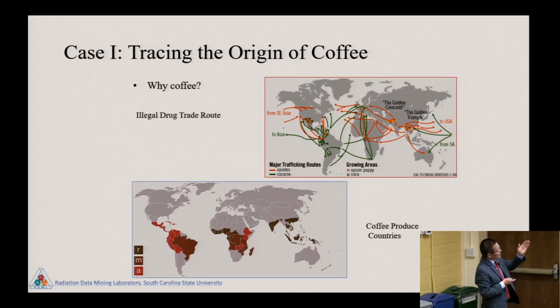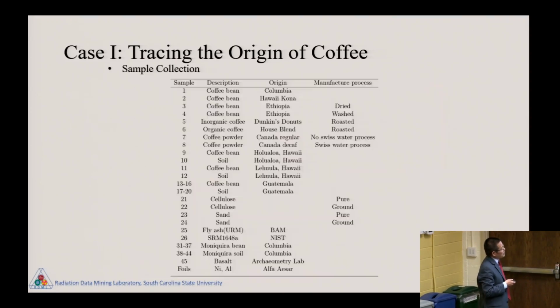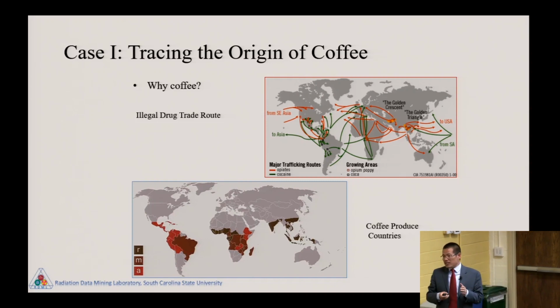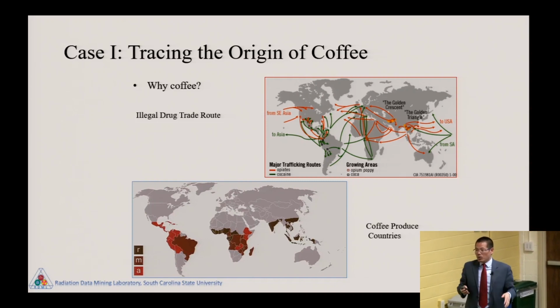But look at these two pictures. A lot of the illegal drug-producing places are actually coffee-producing places, especially Colombia. Some places produce drugs, and they also produce very good coffees. And actually, I think coffee is a kind of drug, right?